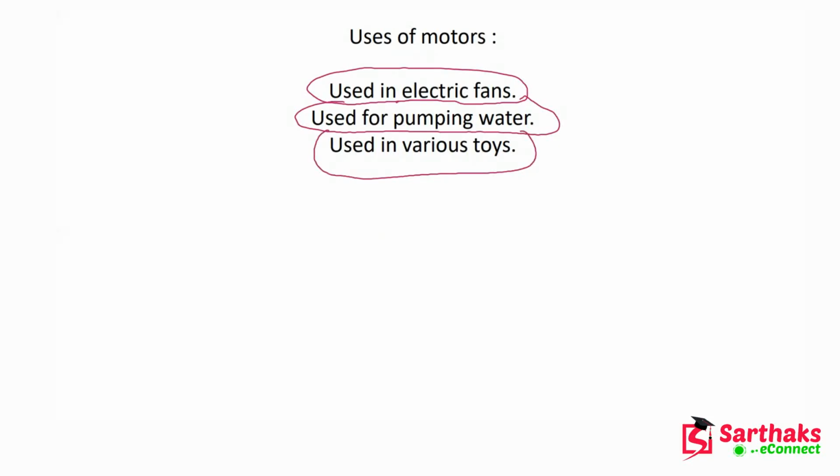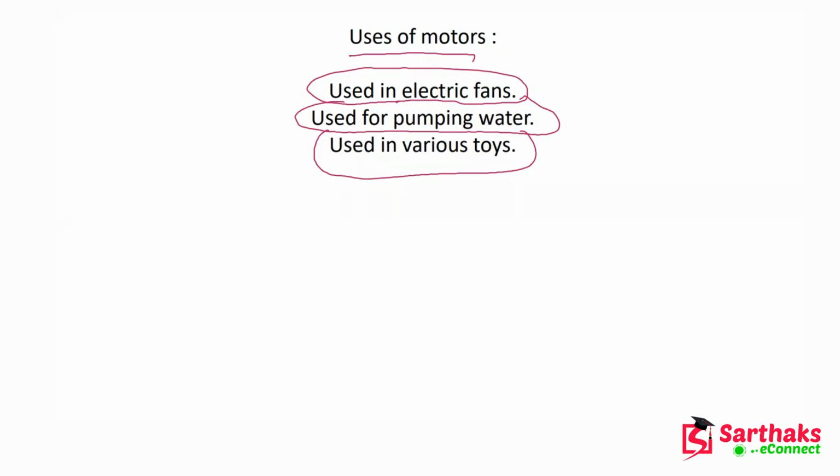When we just started our chapter, magnetic effects of electric current, I gave you a very basic example: whenever we go to a fair and purchase a toy, when you open that toy you will find a magnet inside it. You will also find a motor inside it. I hope guys you understand these examples and the applications of the motors. It can be asked in the examinations.